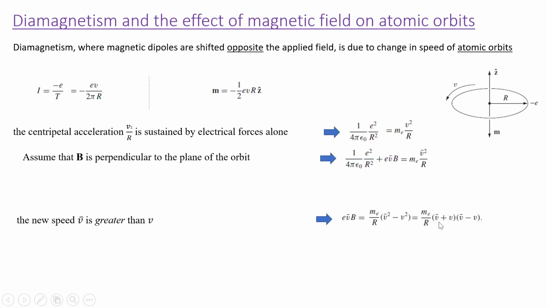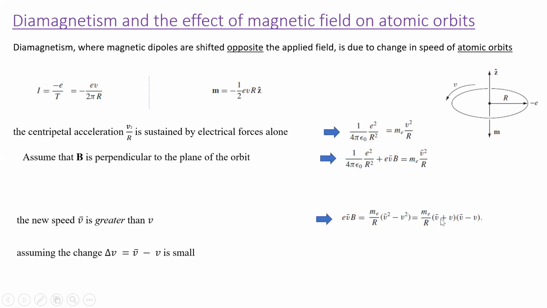Now, often v bar does not change very much from v because the magnetic force is a lot weaker than the electrical force. So v bar and v are very close, and therefore delta v, v bar minus v, is small, and v bar plus v is approximately equal to just twice v bar.